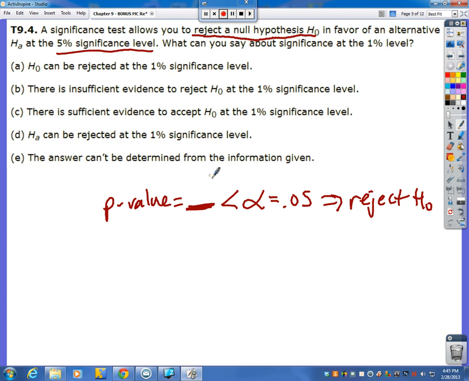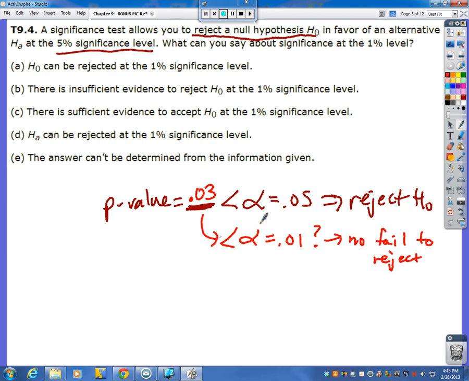Well, if we rejected at the 5%, does that mean we can automatically reject at the 1%? Let's talk about some scenarios here. What if I picked a p-value of 0.03? That's less than 5%, and I would reject. Would I reject at the 0.01 level? No, we wouldn't reject. We would fail to reject. But I could also look at the scenario, what if I had picked 0.001 and compared that to an alpha of 0.01?